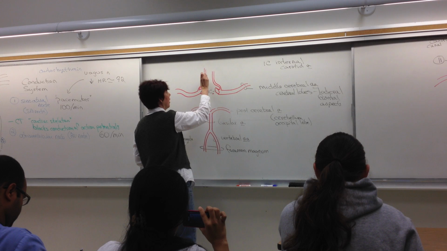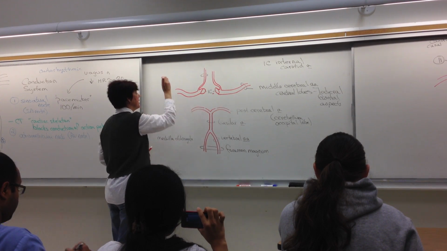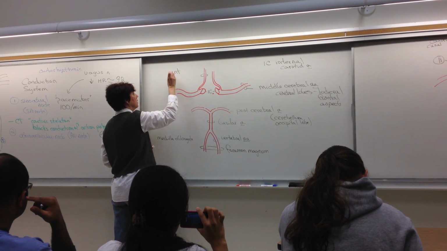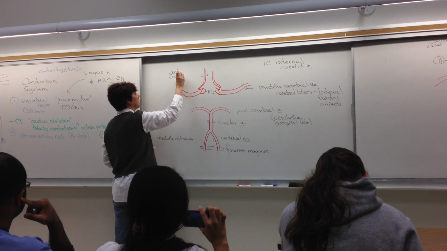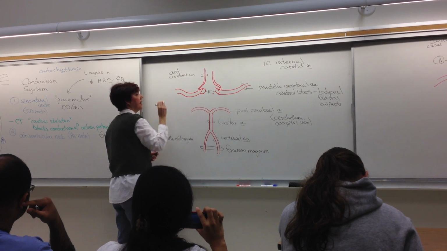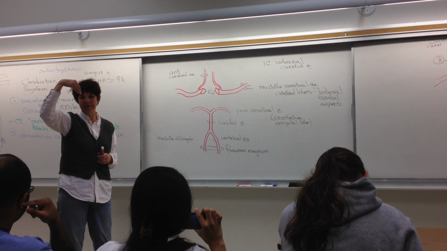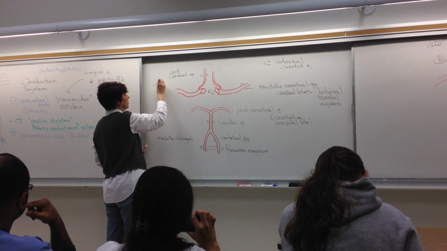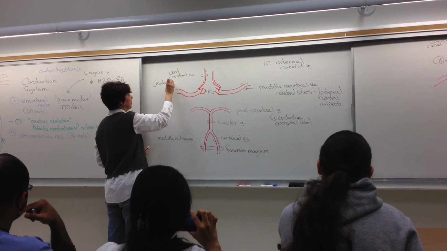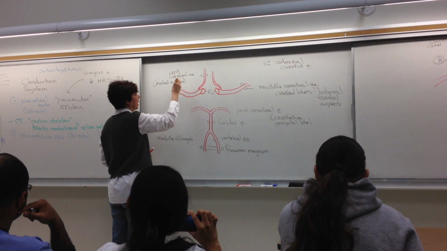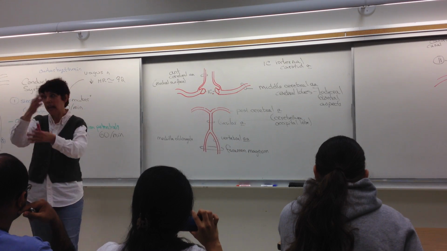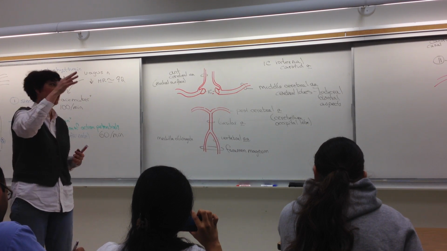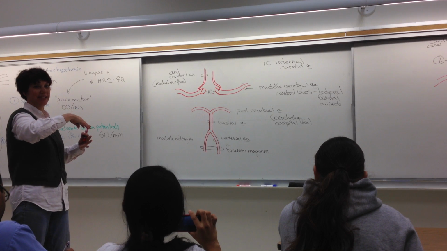These two vessels are the anterior cerebral arteries. And they supply the medial surface of the brain. So inside the longitudinal fissure. Now the way I've drawn it, we don't have a closed anastomotic circulation.